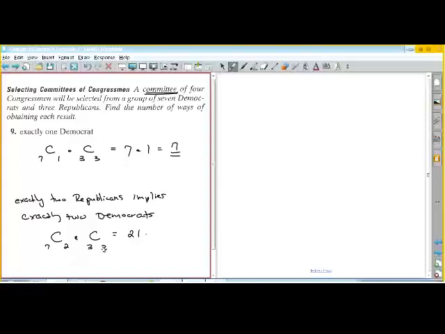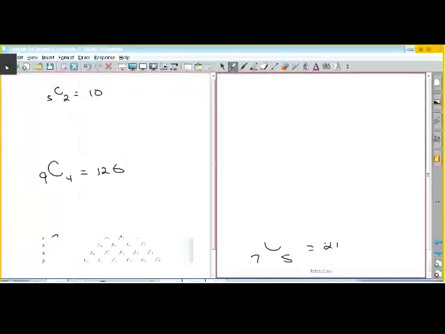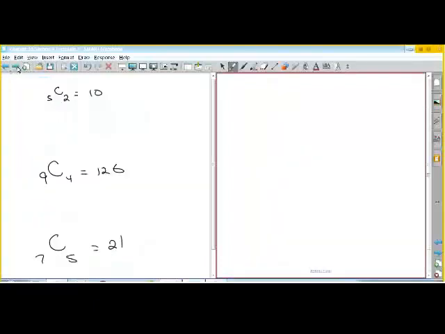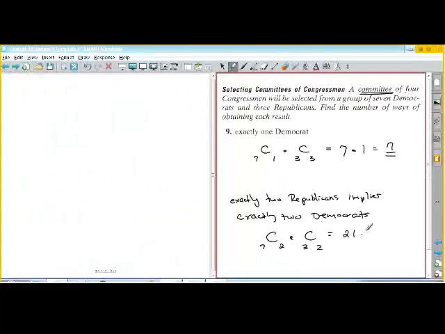And the second one is 3. So I go to row 3 and I go 0, 1, 2. So go back to here. Row 3, 0, 1, 2. So the answer is 3. I'm not calculating, I'm looking off Pascal's triangle, and so I'll get 63.